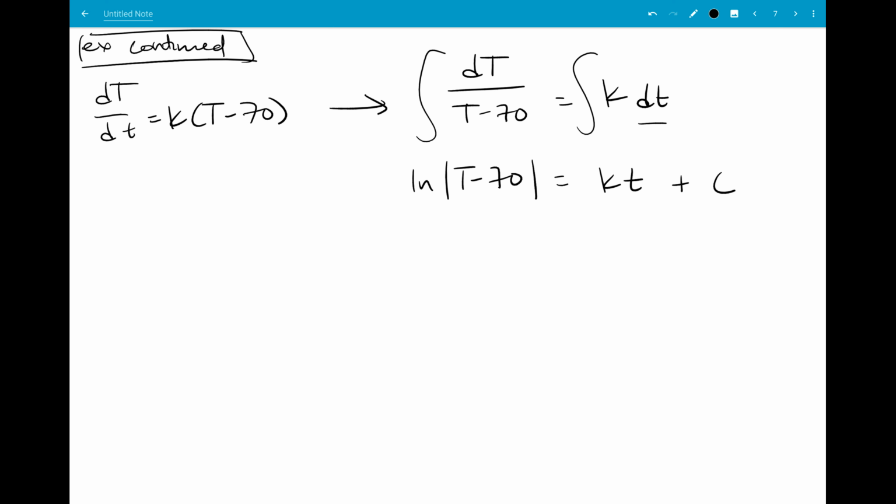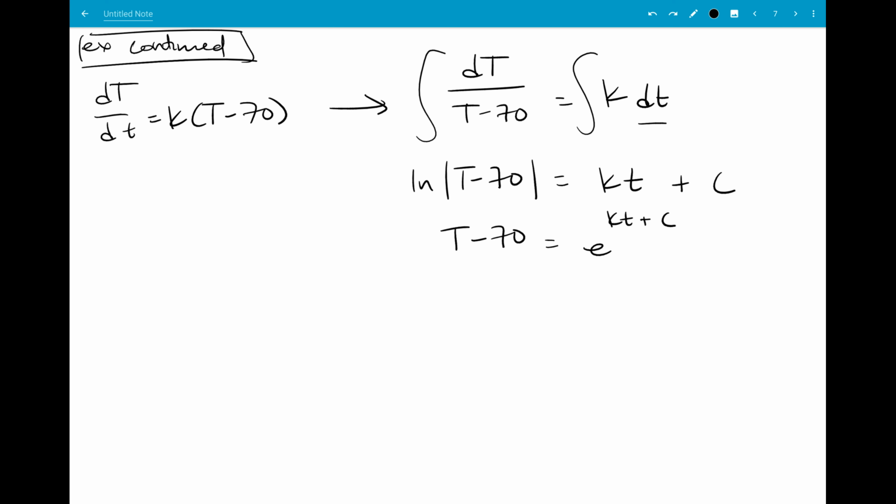I'm going to do the same thing as in our other practice problem to get rid of the natural log around the big T. So e to the natural log of T minus 70 is just T minus 70, equal to e to the kt plus c. Let me do that in 2 steps, and then I'm going to stop doing that in 2 steps from now on.